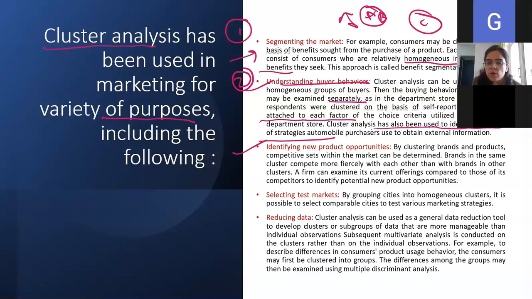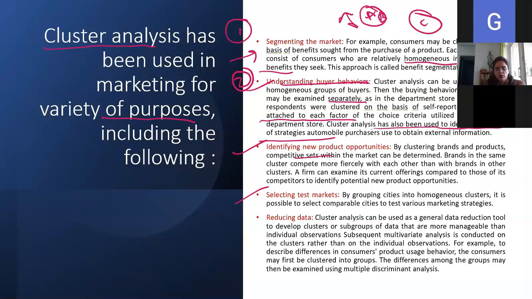So you can see what are the competitive sets within the market, who all are competing, and is there any place where I can put my brand? That is also one thing that you can do. Next is selecting test market. Say I have to launch a product. I'm coming up with this juice brand, and I want to launch it pan India.